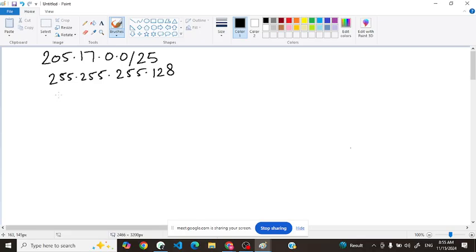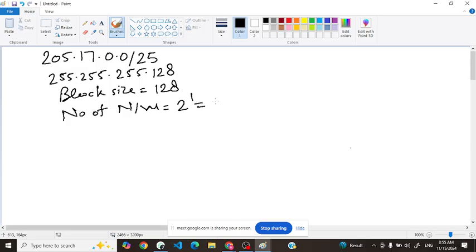What will be the block size? Block size 128. Number of networks is equal to 2 power 1, which is equal to 2.